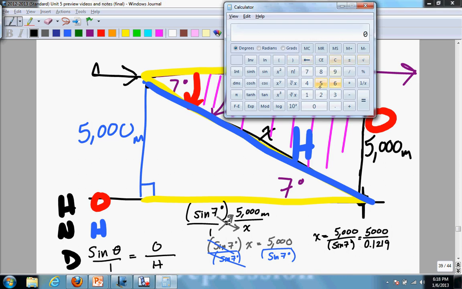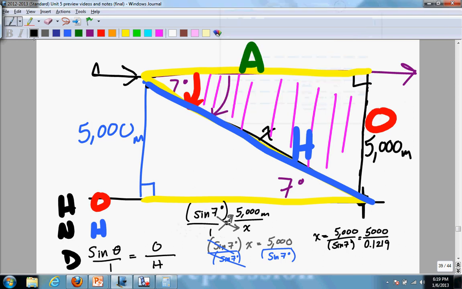Now I go 5,000 divided by 0.1219, and we get 41,017.2 meters.